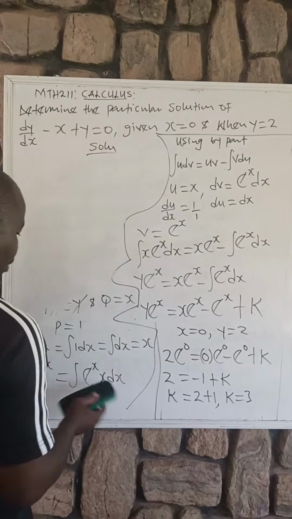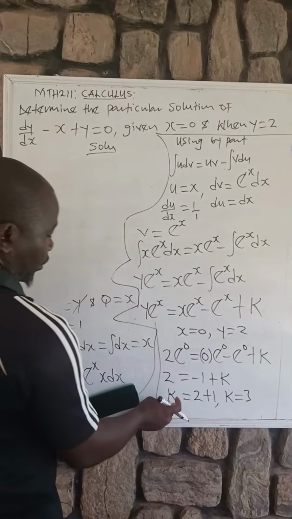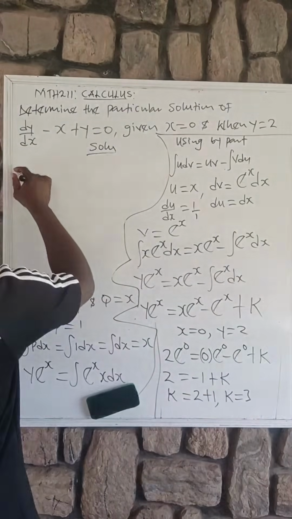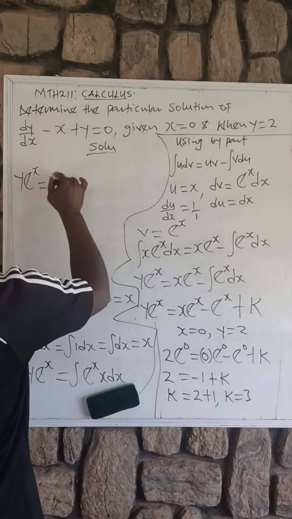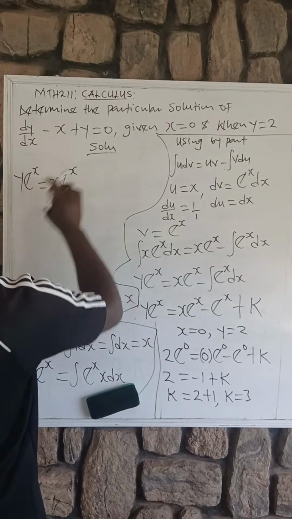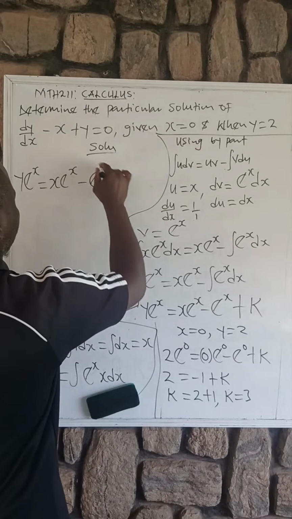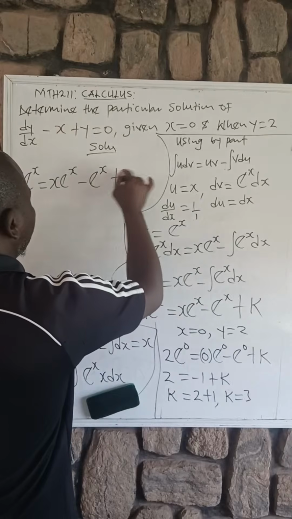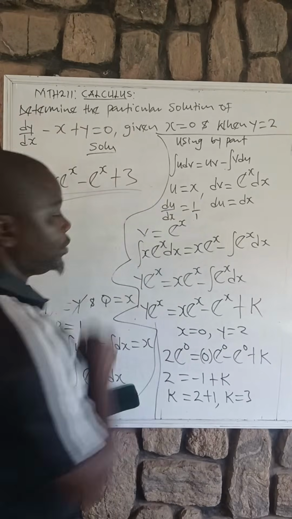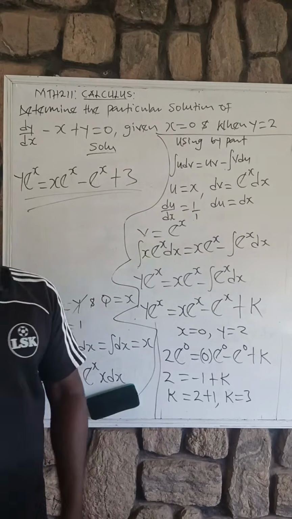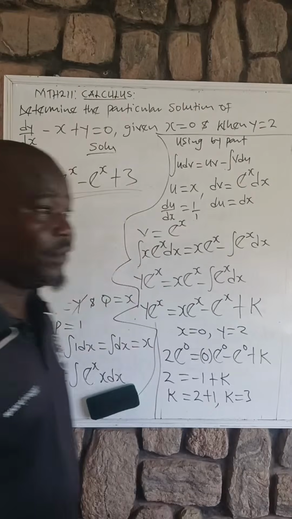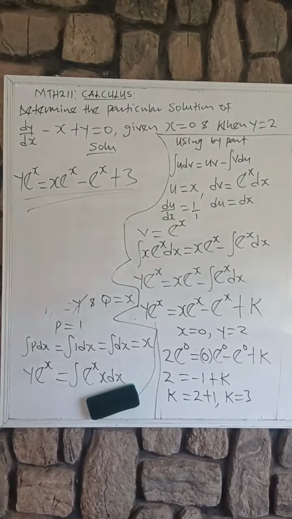So our particular solution will now be, instead of k, we write 3 here, y exponential x equals x exponential x minus exponential x plus 3. This is how it's supposed to be. Any question, please? Or there is another way we can write that question.